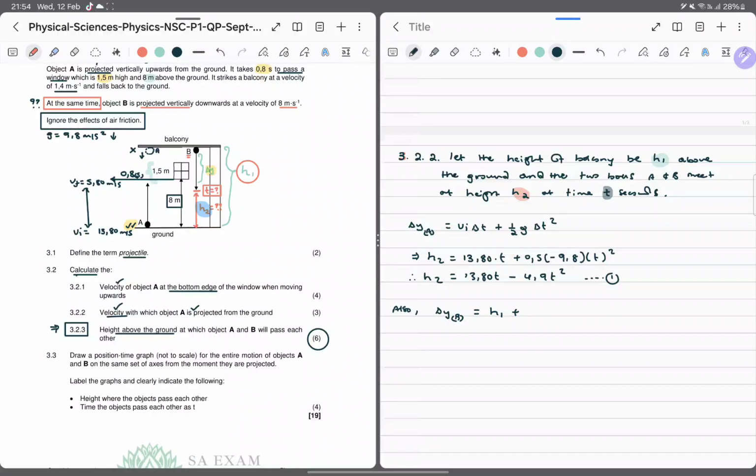And the delta y here is going to be the initial velocity delta t plus a half g delta t squared. So this implies this delta yb, we are talking about that same height above ground, or the height at which they meet. So this is h2. It's going to be h1 plus, so this one was downward, so it's going to be 8 into t plus 0.5. Again, the acceleration is downwards, into t squared.